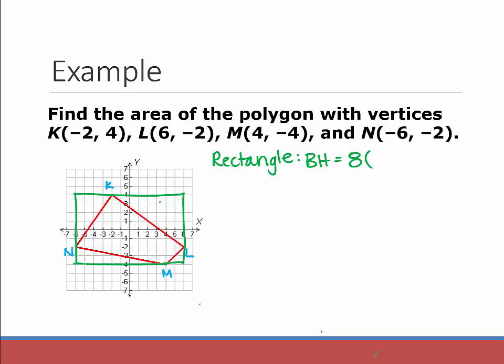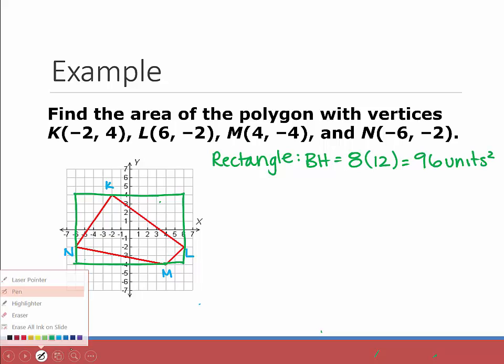And the base is 1, 2, 3, 4, 5, 6, 7, 8, 9, 10, 11, 12. And if you multiply 8 times 12, you end up with the area of this entire thing right here, which isn't what we want, but it's a step closer.